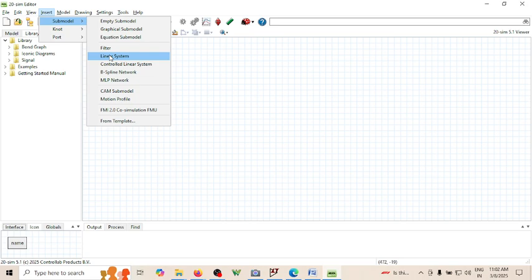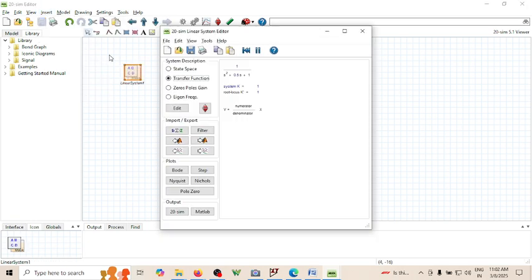Now I'm inserting a submodel, and in that submodel it's a linear system. You can see I can define the system in four different ways: state space, transfer function, zeros and poles and gain, and of course eigenfrequencies.